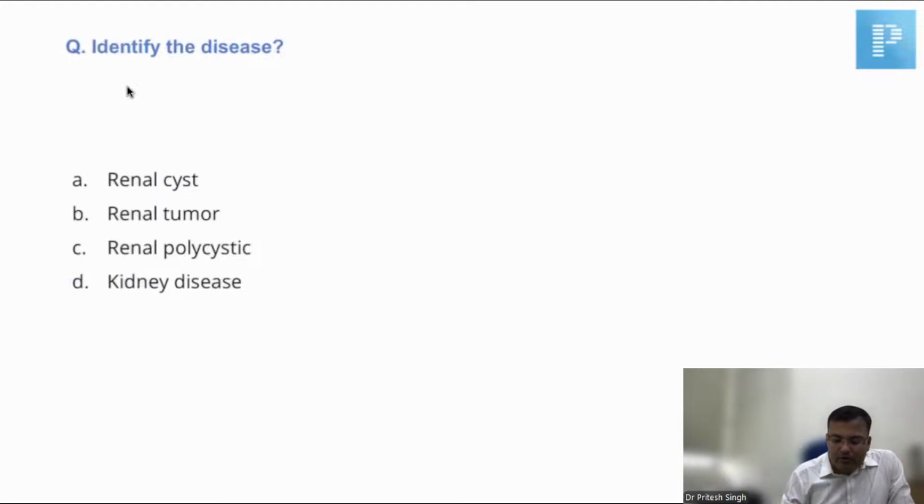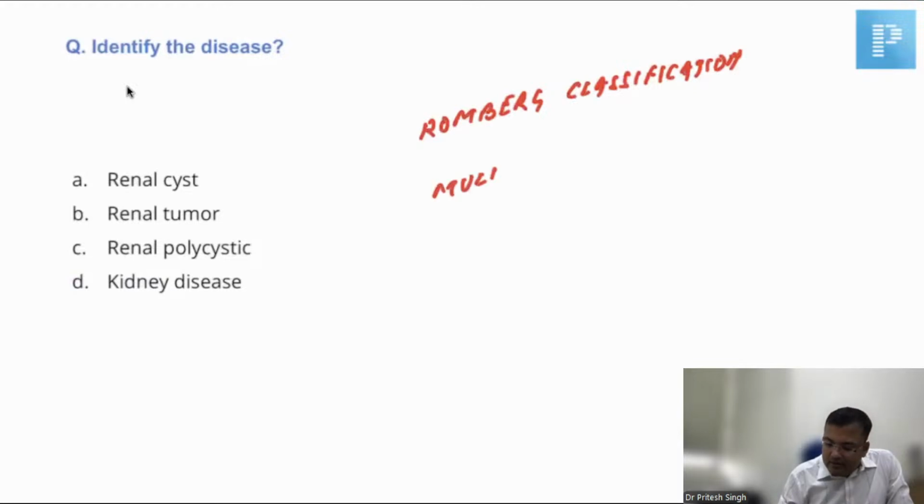Okay, it was Robson classification. There was one question related to Robson classification, and there were multiple cysts on CT abdomen. Clear? In which organ were there multiple cysts?